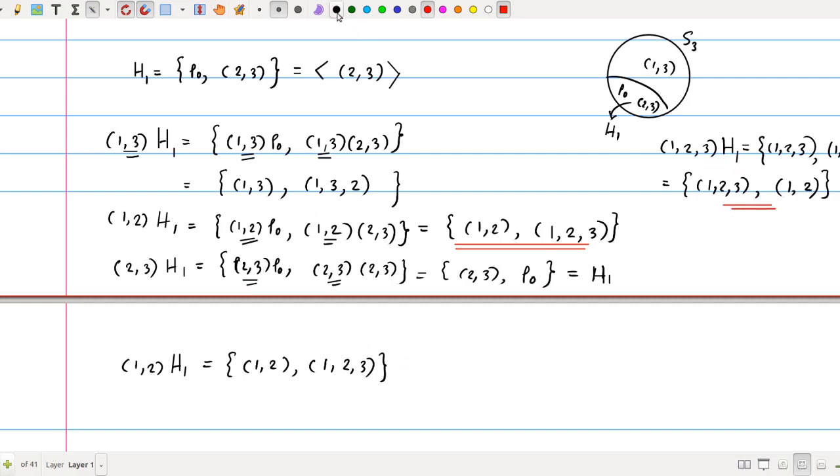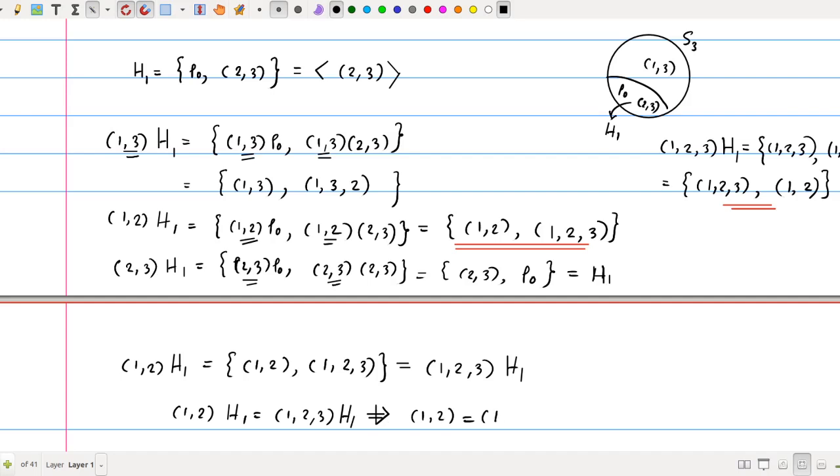So this shows that whenever (1 2) times h1 equals (1 2 3) times h1, this need not imply that (1 2) equals (1 2 3). We know that (1 2) and (1 2 3) are different permutations. So there is no implication for this coset equality. Whenever two cosets are equal, the corresponding elements need not be equal.